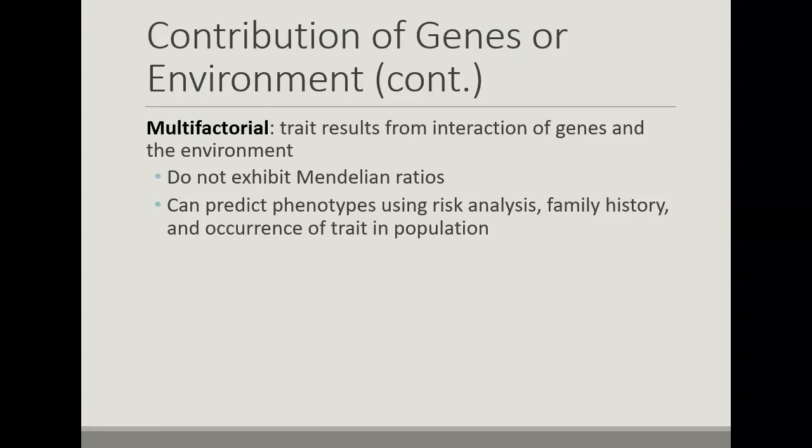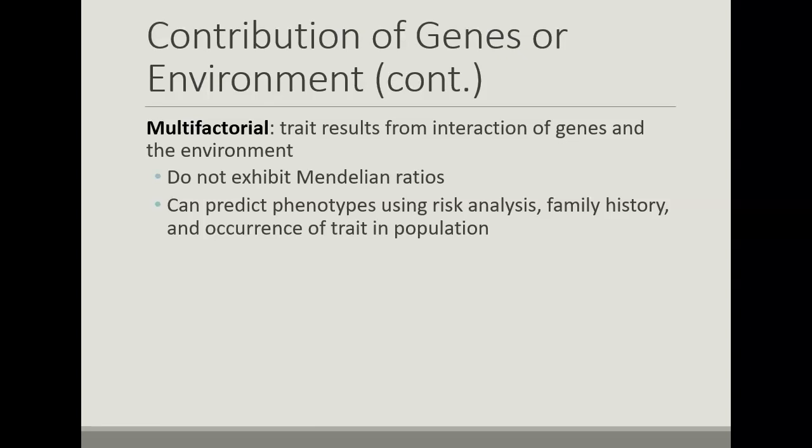So we can use this to predict phenotypes using a variety of things. If we look at risk analysis, if we look at family history, if we look at how often the trait occurs in the population. So it can be somewhat of a predictive tool, but rather than giving us those straight ratios, 25%, 75%, 50%, whatever it is, it's more or less a likelihood.